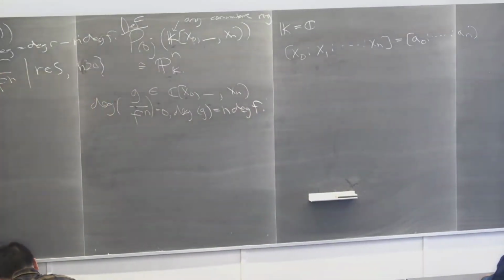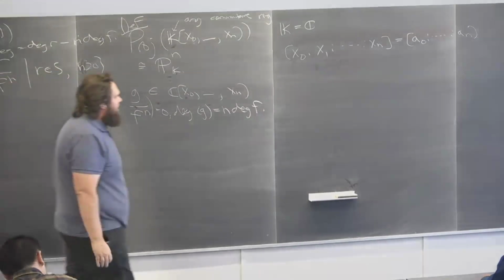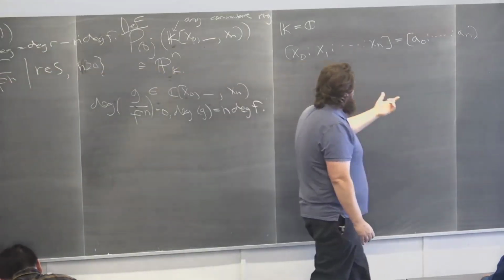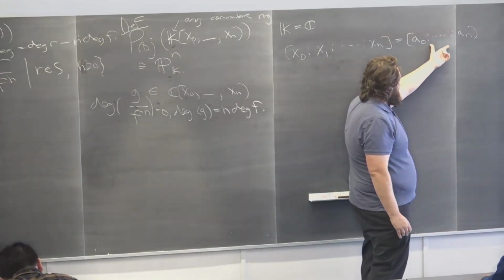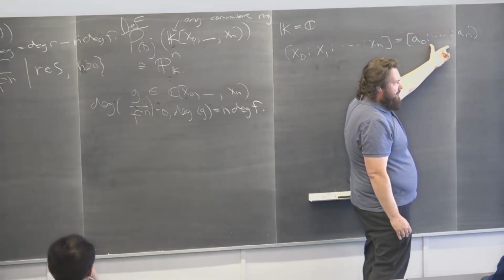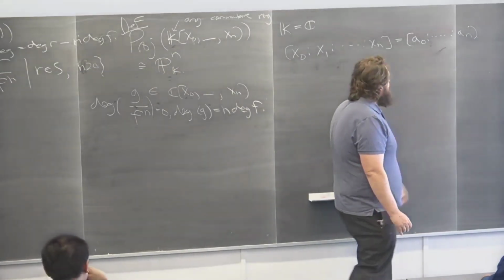A point in here is defined by setting these guys equal to this up to scalar multiplication.